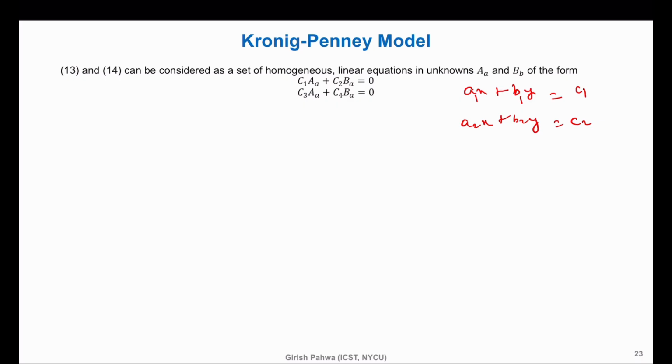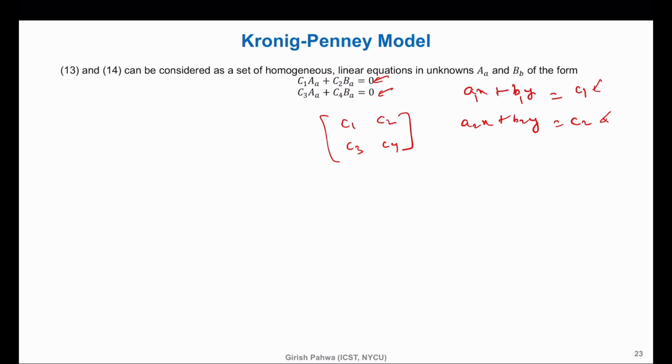You will only find a non-trivial solution, which is not 0, when the determinant of this matrix C1, C2, C3, C4 is 0. You can go back and check the matrix theory, you'll find it somewhere. Just for this derivation, you won't be using the matrix theory in the whole course again, just for this, but the simple relationship. Okay, so the determinant of this matrix must be equal to 0.